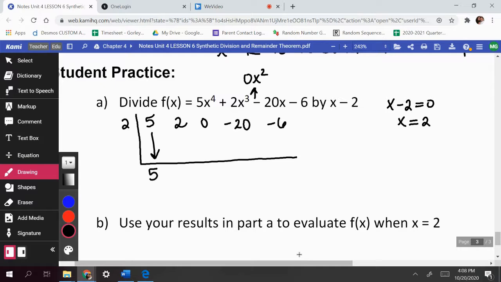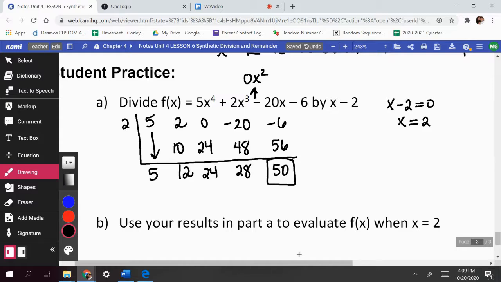Bring the first down, multiply, add, multiply 12 times 2, we get 24, add, multiply 24 times 2, we get 48, add, and then 28 times 2, what would that be? 28 times 2 would end up giving me 56. And then I add down and I get 50.